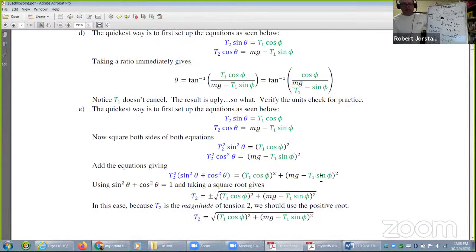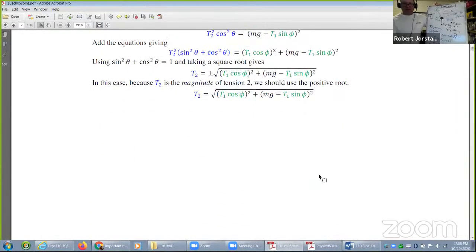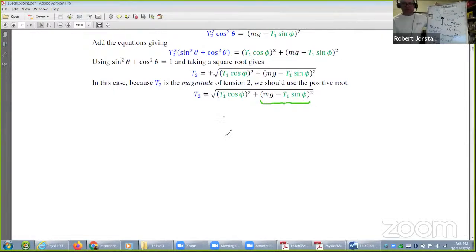And then you might be saying, could I try and clean this up a little bit? You could, to be honest, you could FOIL this out. And I think what you end up getting is T1 squared plus mg squared minus 2 mg T1 sine phi.